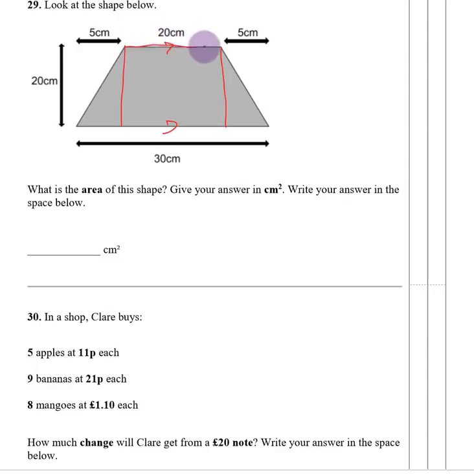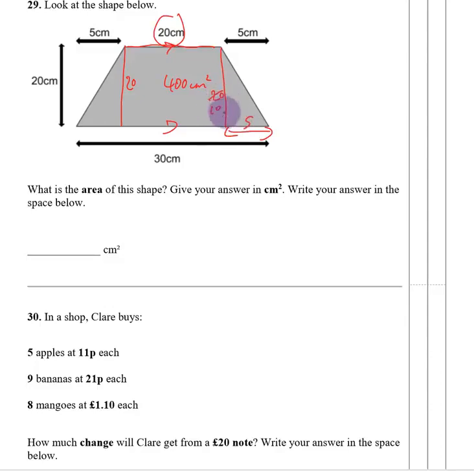Now we know this length here is 20, and we know the height of it is 20 as well. So we can work out the area of this middle part, which is 20 times 20, which gives us 400 centimetres squared. Now, we know the width of this triangle here is 5 because it's the same as that. So this is 5 and this is 20. So all we do to work out the area of the triangles, we need to half at some point.